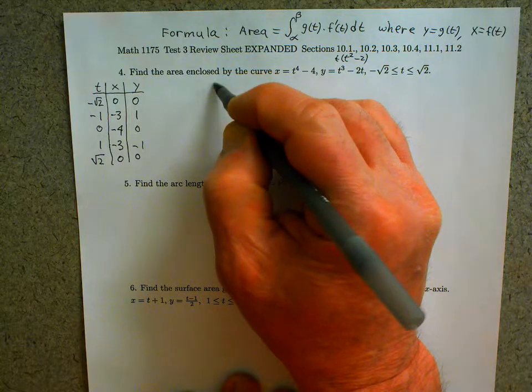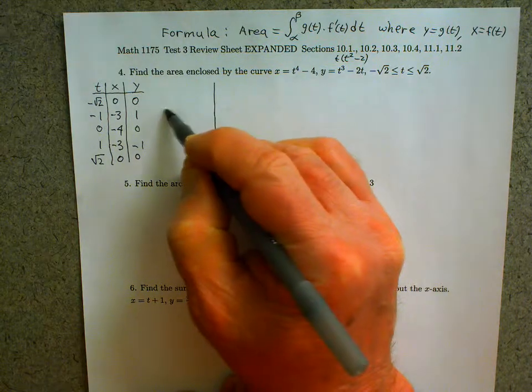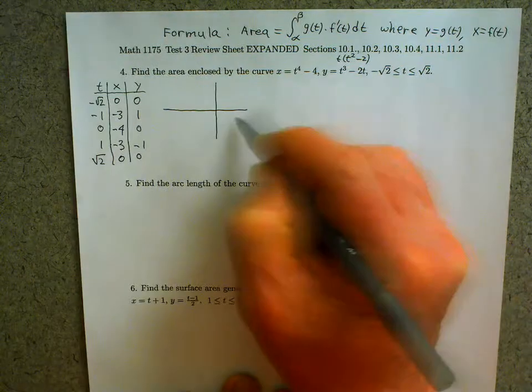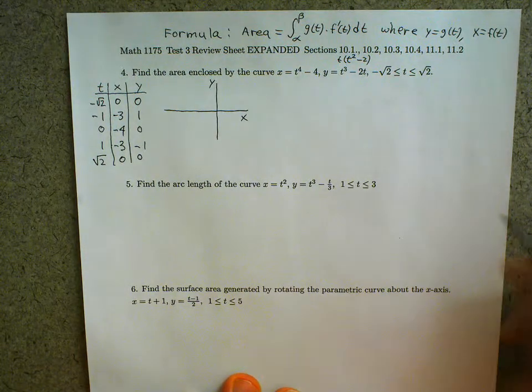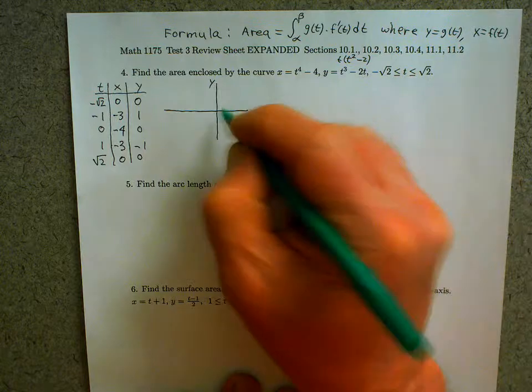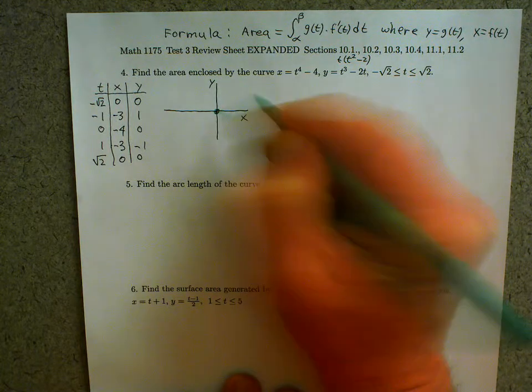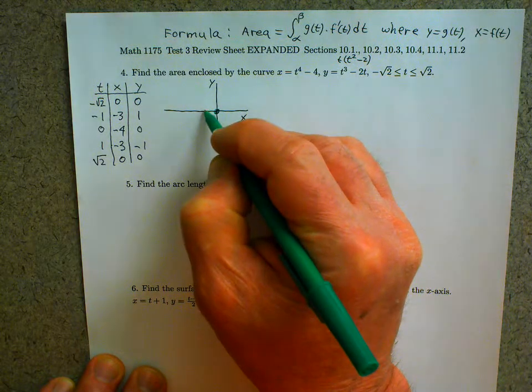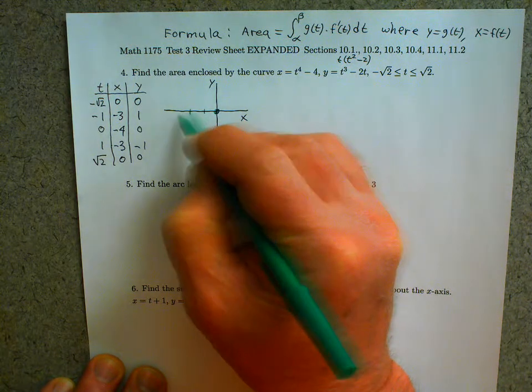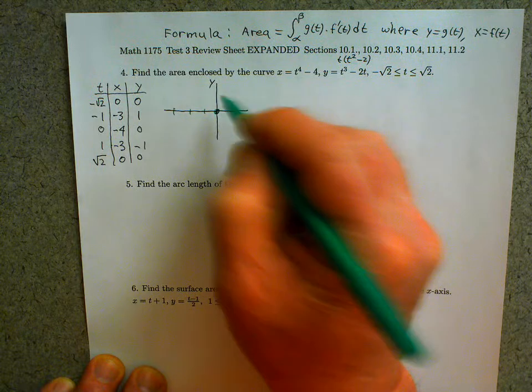Okay, so if we trace this out, we're starting at 0, 0. And then the next point is negative 3, 1.